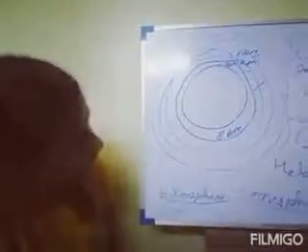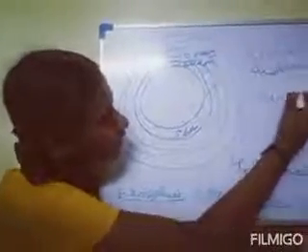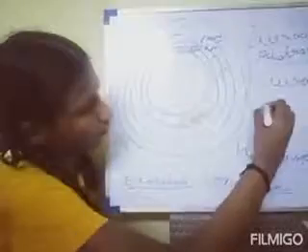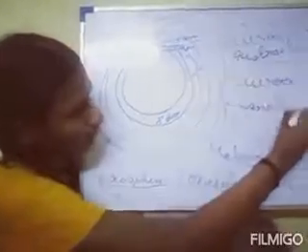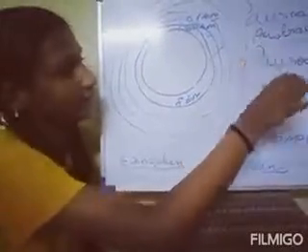The next one is Aurora borealis. These are the two characteristics of the exosphere.